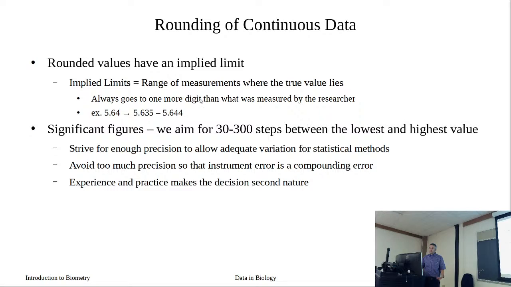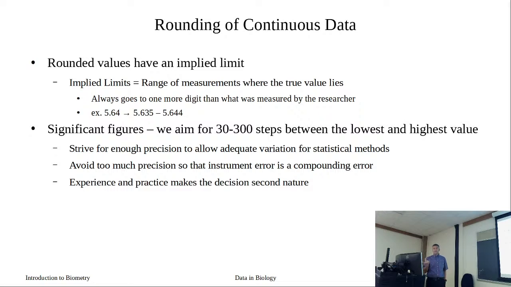So all I can really say with our rounding is that with practice, you tend to round at a spot that allows for sufficient variation to do our statistical test, yet minimizes the instrument error, whatever instrument that we're using at that time.